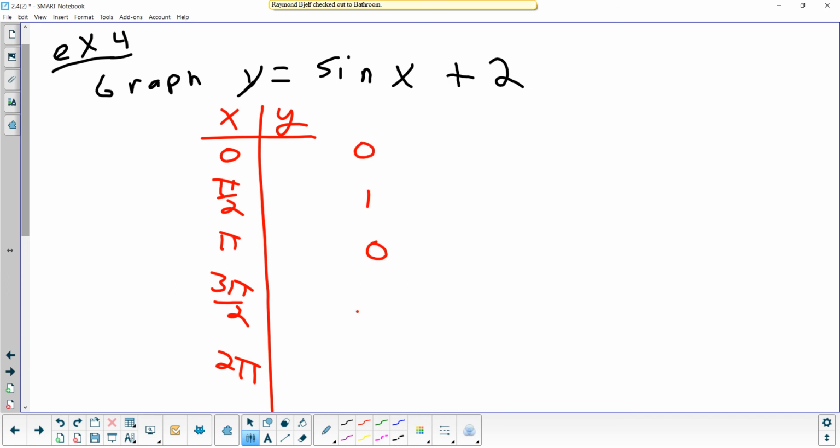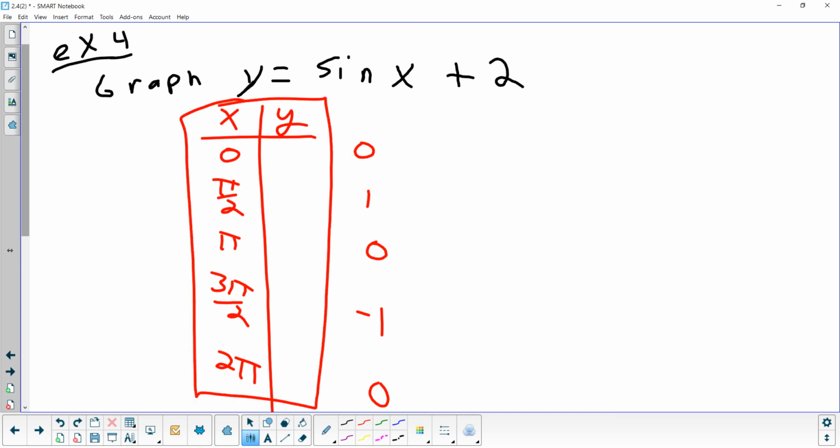Okay. So those are the originals. And Autumn, what am I going to do to all of them? Add 2. Okay, so plus 2, plus 2. All right, so we get 2, 3, 2, 1, 2. Done.